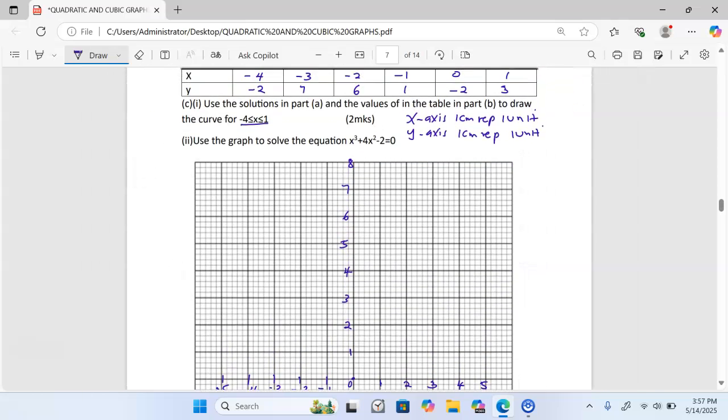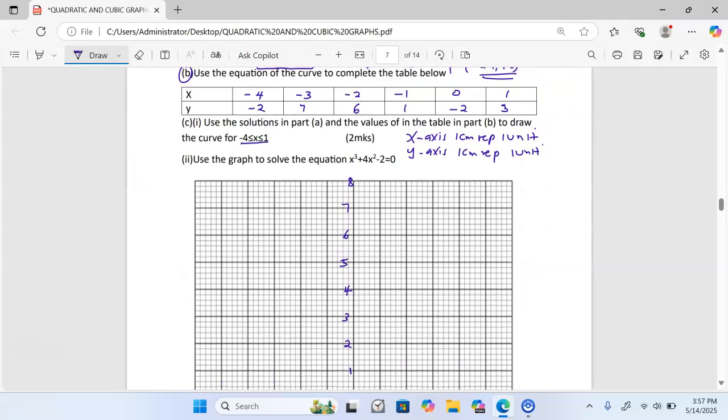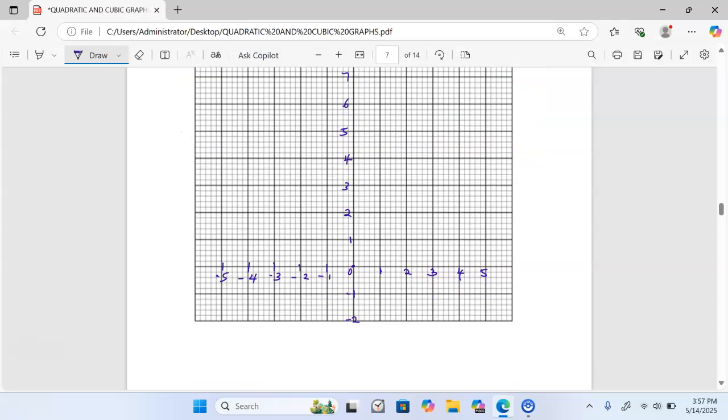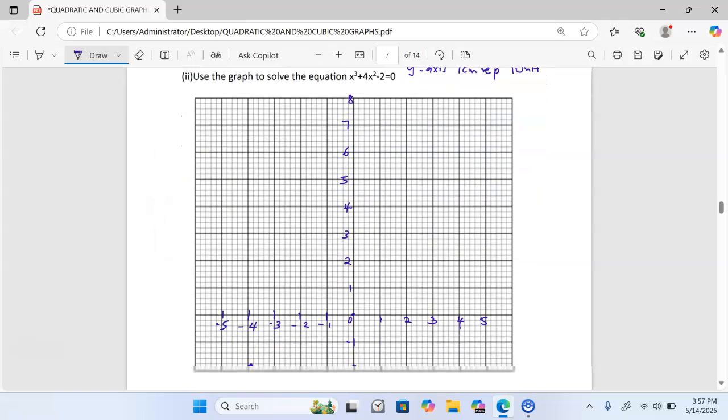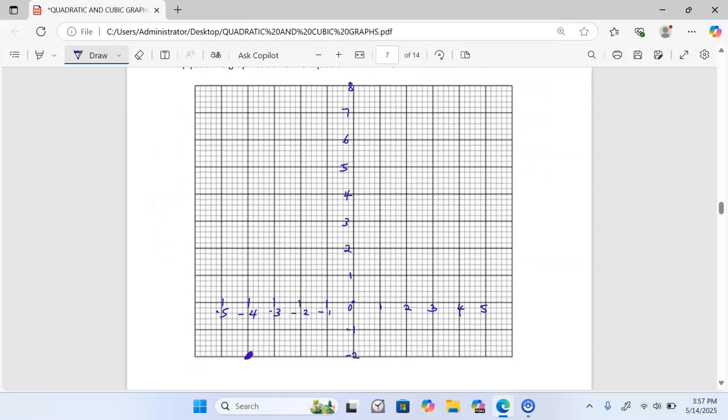When the value of x is -4, the value of y is -2. -4, -2 is here, and when x is -3, it is +7. +7 is here.